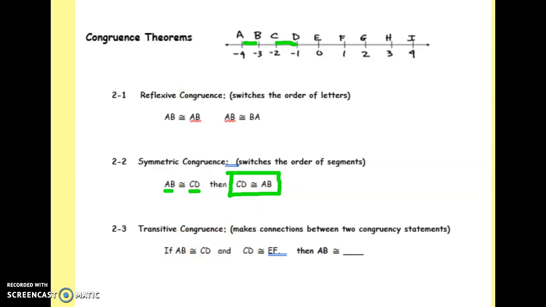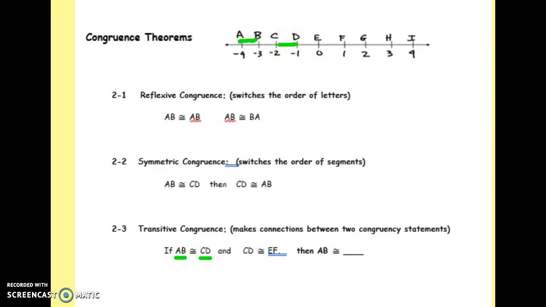And the last one down here, transitive. Transitive congruency makes connections between congruency statements. So this is kind of like saying Mrs. McElhone is the same height as Mrs. Mertz. Mrs. Mertz is the same height as Mrs. Keurig. So Mrs. McElhone and Mrs. Keurig must be the same height. You're making connections along 3 different segments. So if we take a look at the example, AB is congruent to CD. AB is the same length as CD.